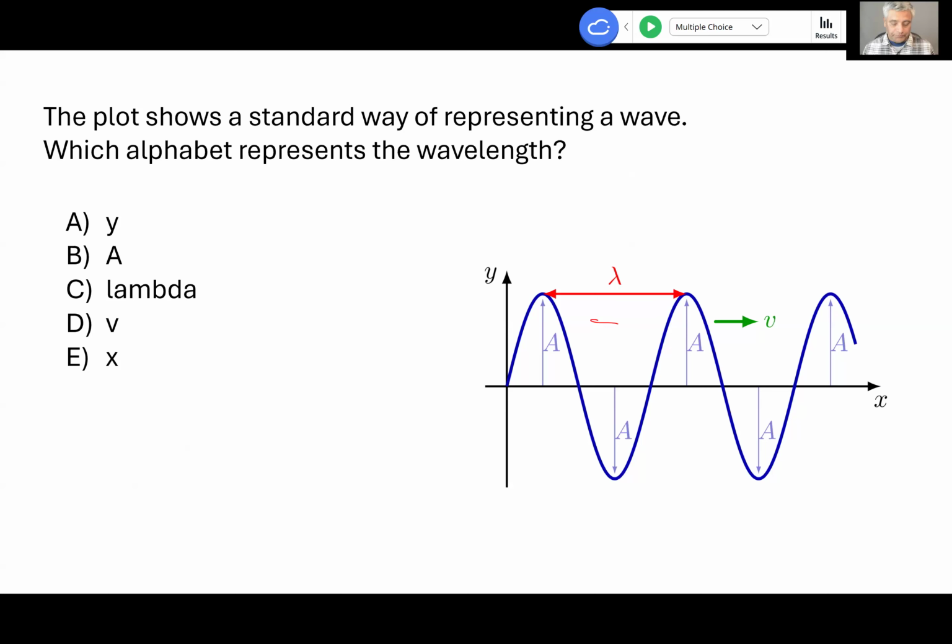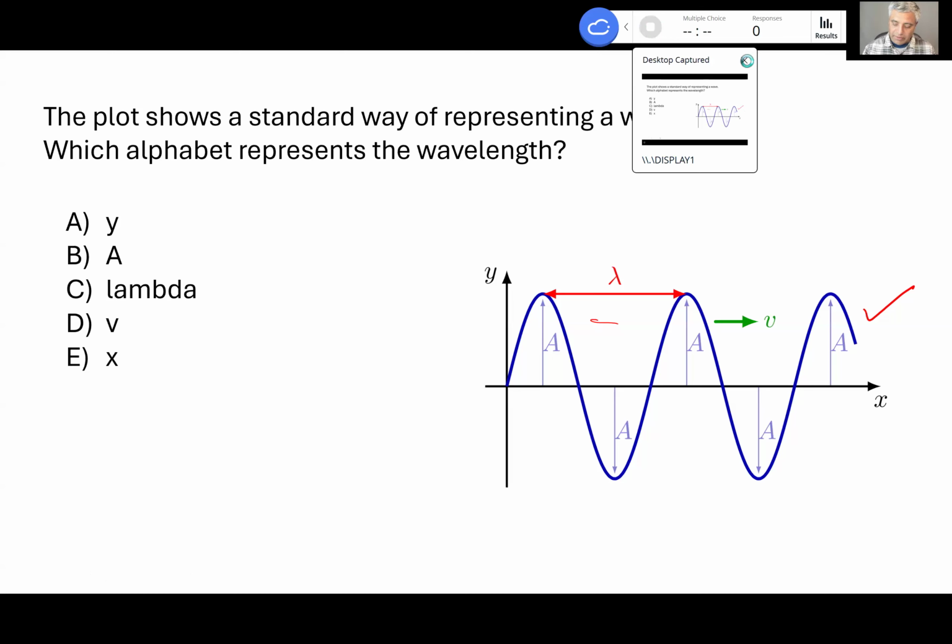So now, this is a typical wave. So let me start by pulling on it, and you have a minute to answer this question.